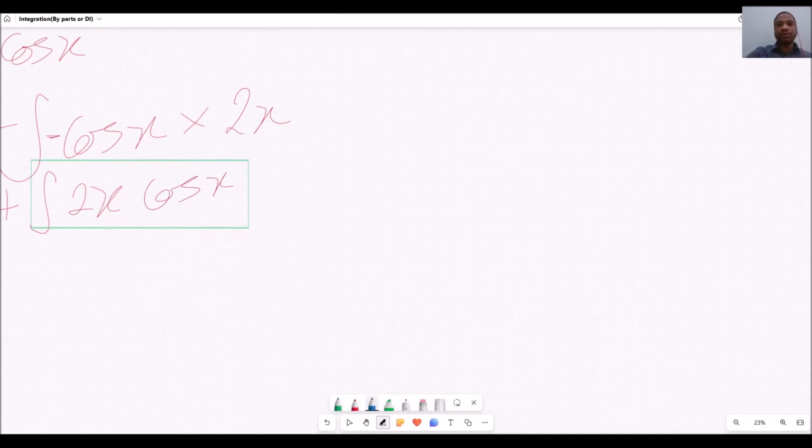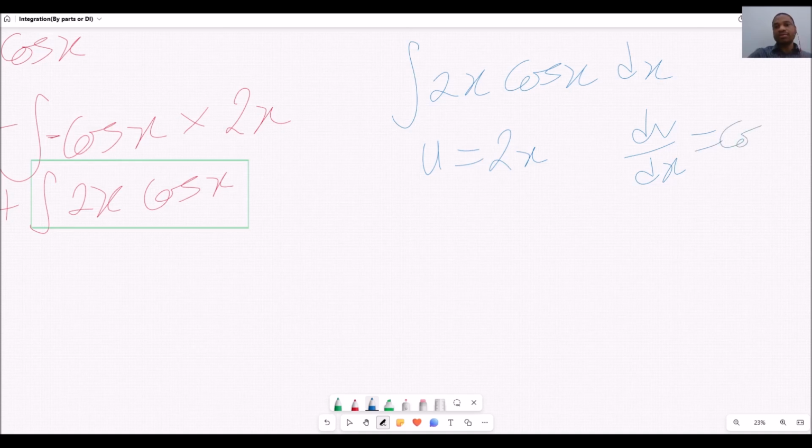So I want to integrate 2x cos x dx using the formula I already know. Your u should be 2x, your dv/dx will be cos x. So du/dx will be 2, then v. Again, whenever you integrate something, differentiate and see if you get that back.